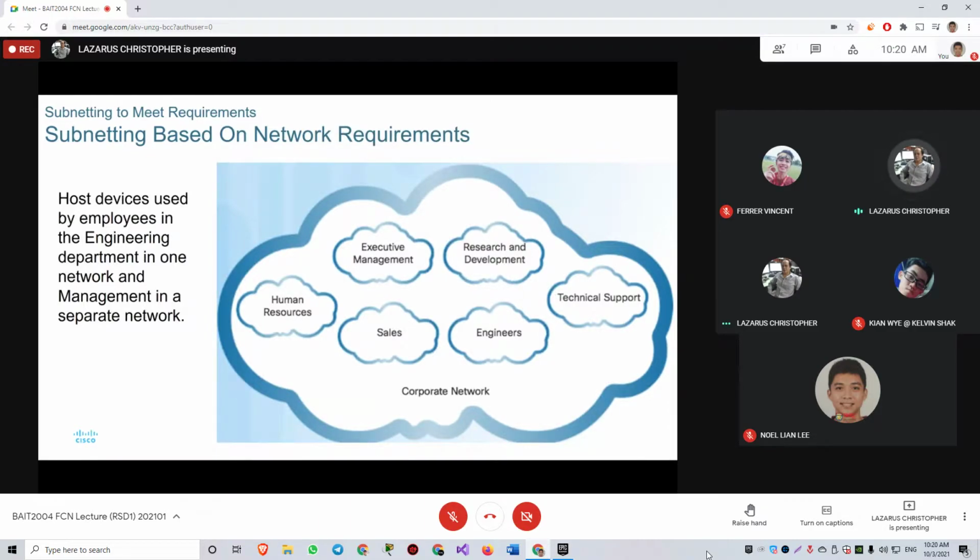Imagine now that you have a corporate network, and you're required to create 6 separate networks, 6 subnets. If you look at this properly, in the operations sites, employees tend to be more, and their network requirement in terms of number of computers, which are hosts, of course, follows how many employees need to use those computers.